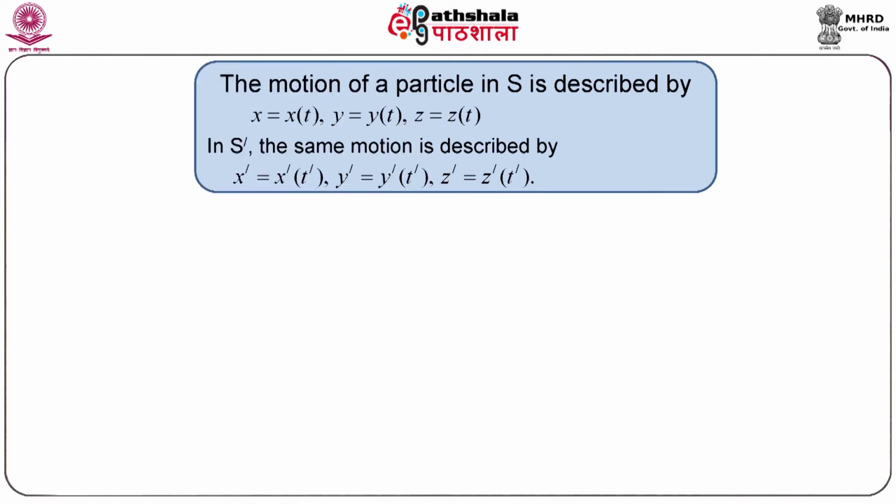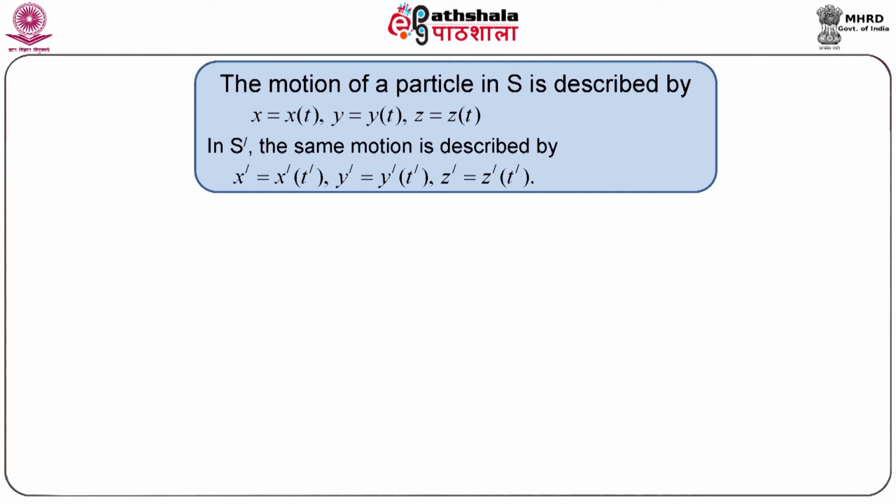The motion of a particle in frame S can be described by its positional coordinates x, y and z. The positional coordinates x, y and z depend on time t. t is the time coordinate, x, y, z are the space coordinates.